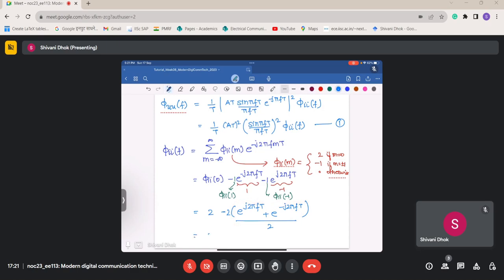So this is 2 minus 2cos(2πfT), which I can write as 2 times (1 minus cos(2πfT)), and 1 minus cos(2πfT) is basically 2 sin^2(πfT). So this is 4 sin^2(πfT).